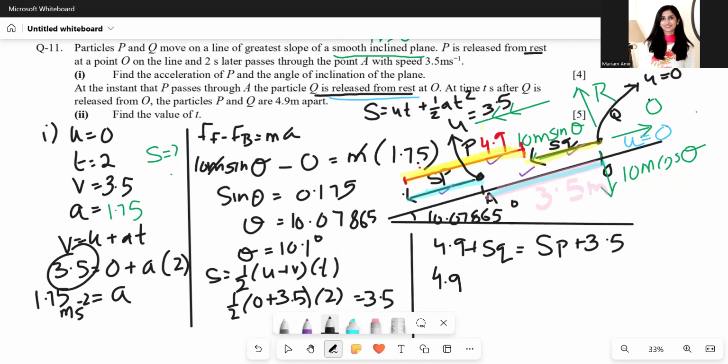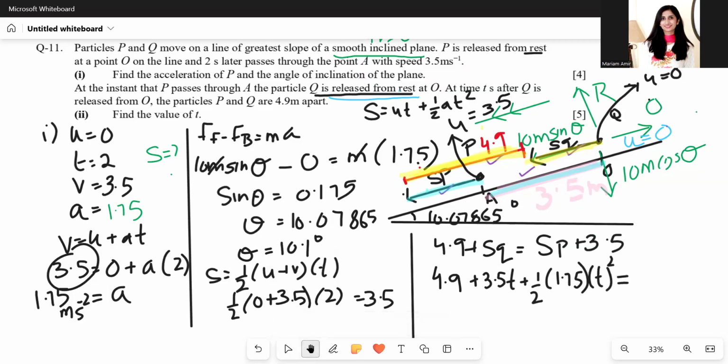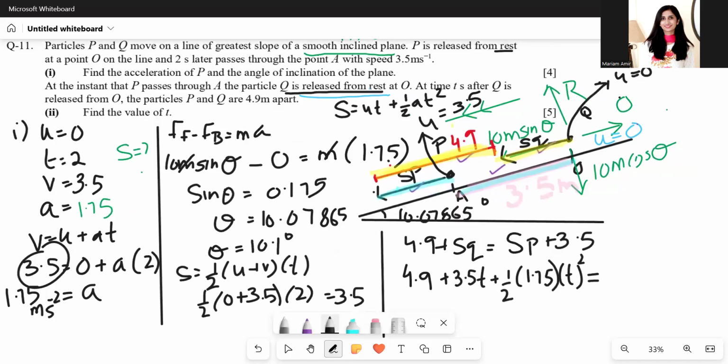So for Q, it's going to be 3.5t plus half times acceleration, which came out to be 1.75, times t squared. Equals distance covered by P, which is ut plus half at squared.